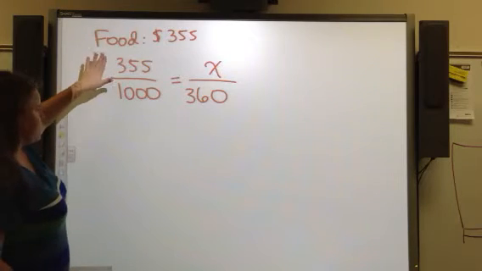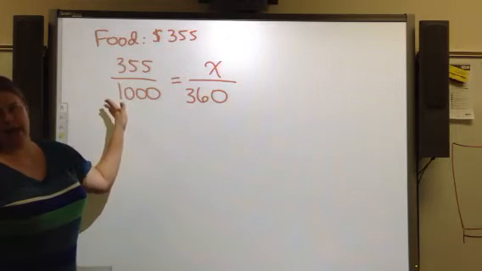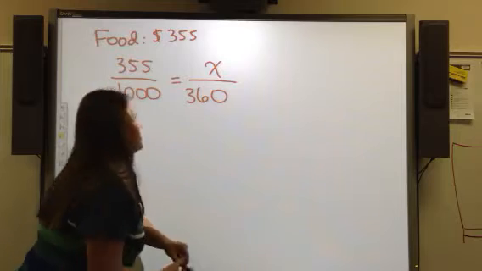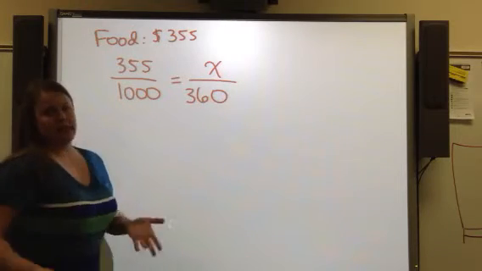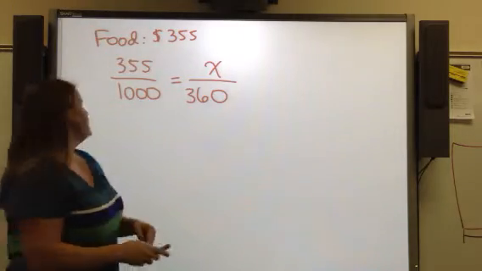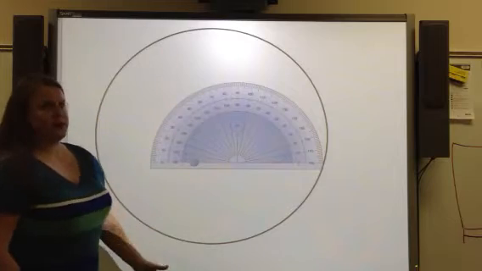I've got my fractions set up for $355, money spent, out of the total $1,000. And I set this equal to this other fraction, and our denominator is 360. The reason I have 360 is because this circle has 360 degrees. So if we look back at our other picture, this circle is 360 degrees.